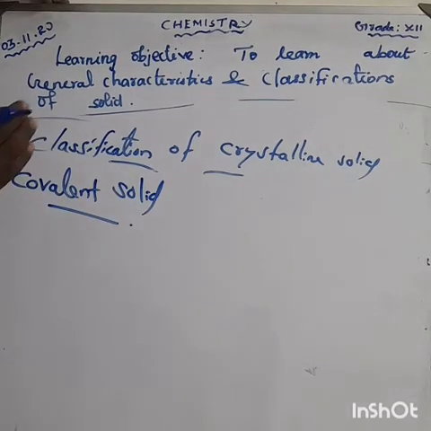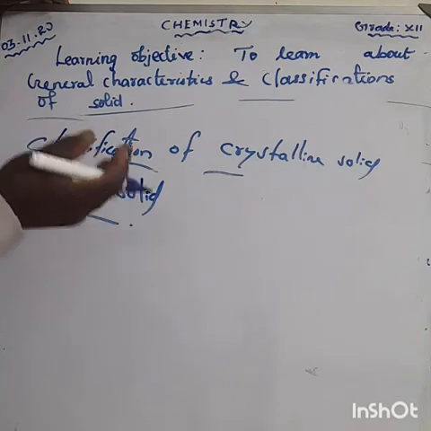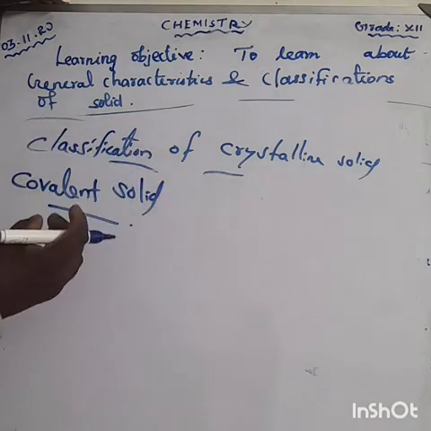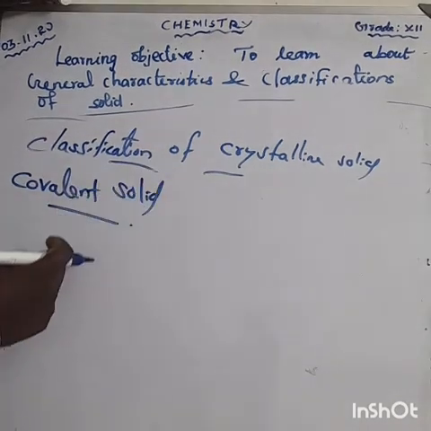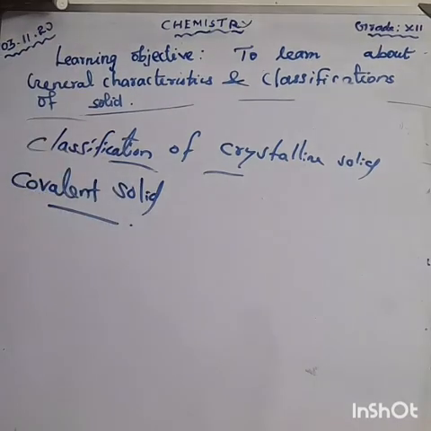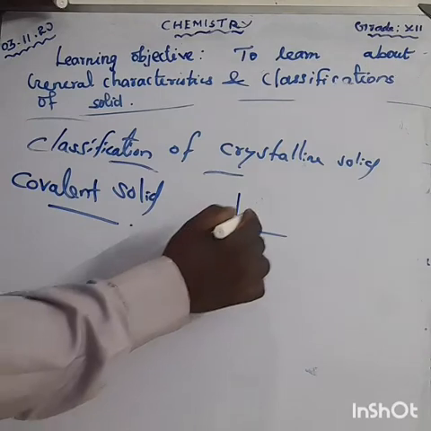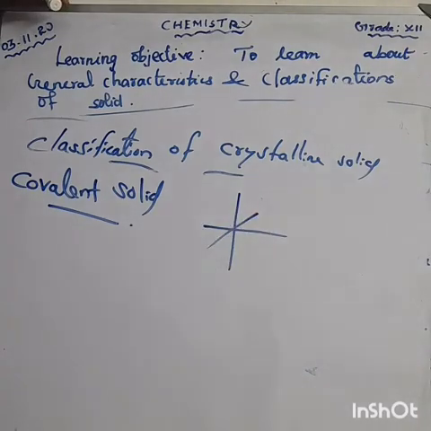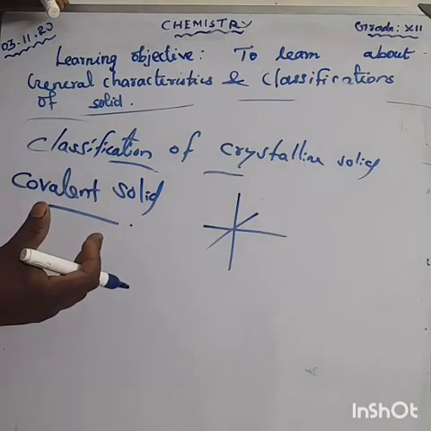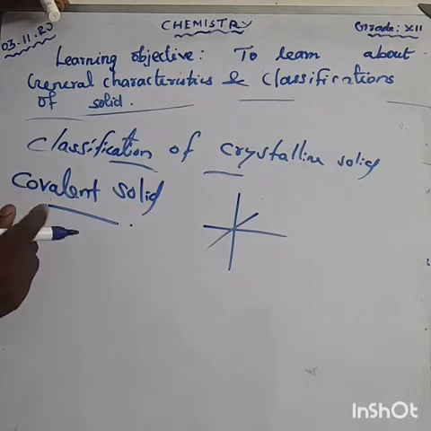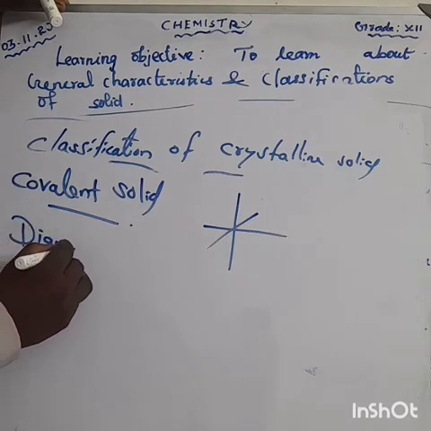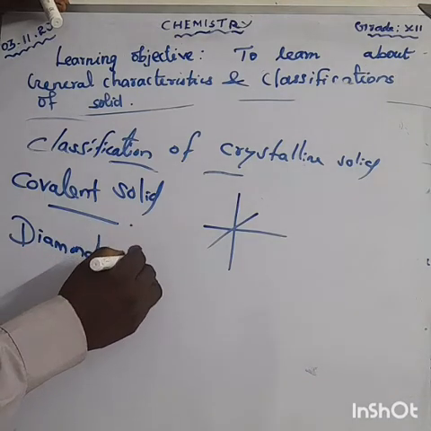Here, in the covalent solid, the constituents, meaning atoms, are bound together in a three-dimensional network, maybe X, Y, and Z direction. The examples are diamond and silicon carbide, SiC.